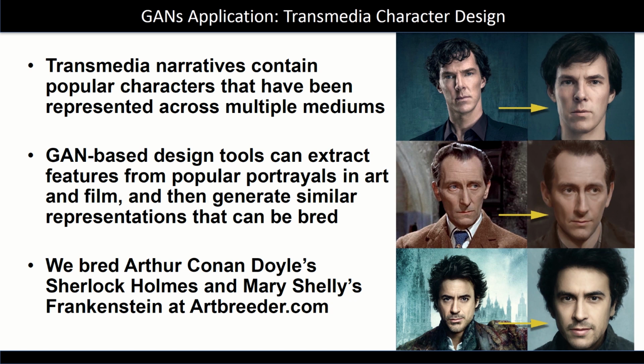So we're using GANs to create transmedia character design. We're taking characters like Sherlock Holmes and Mary Shelley's Frankenstein, and we're inputting representations of those characters from art and from film into the database so that it reads those features and then generates images, as you can see on the right there, that have some similarities to those representations.